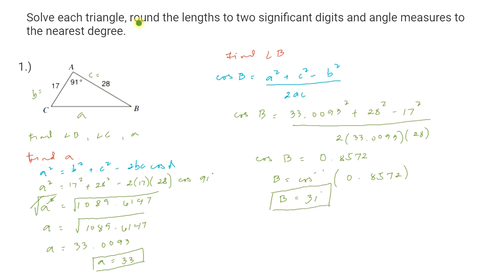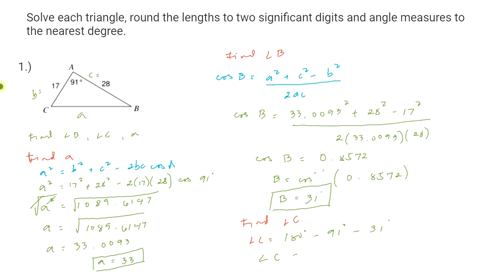Of course, if you are given two angles in a triangle, you can finally find the third angle of our triangle. So to find our angle C, we just subtract the two measures of our angles from 180 degrees. So angle C now is equal to 180 degrees minus the first angle, the 91 degrees, minus the value for angle B, which is 31 degrees.